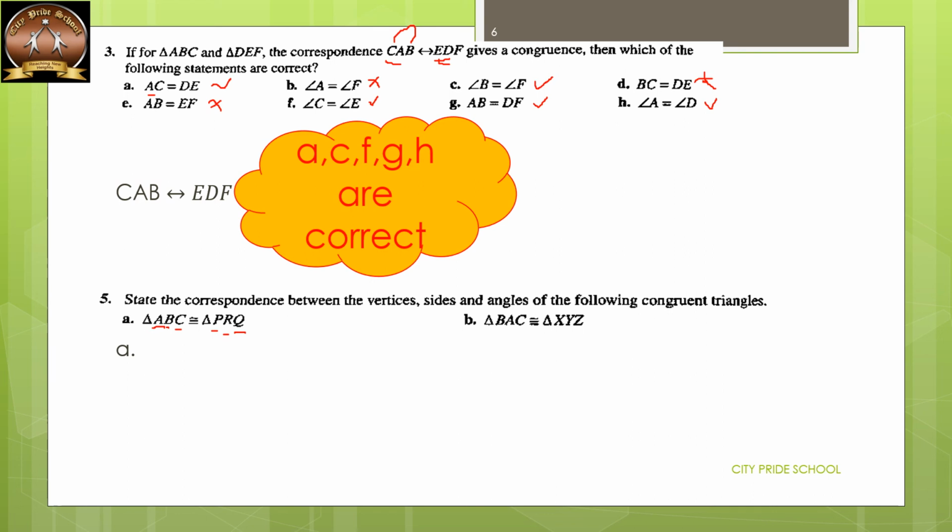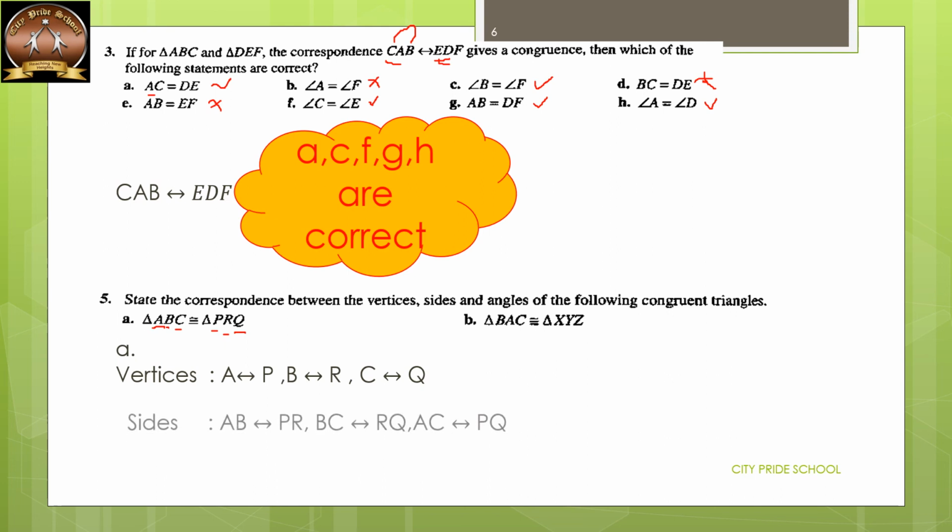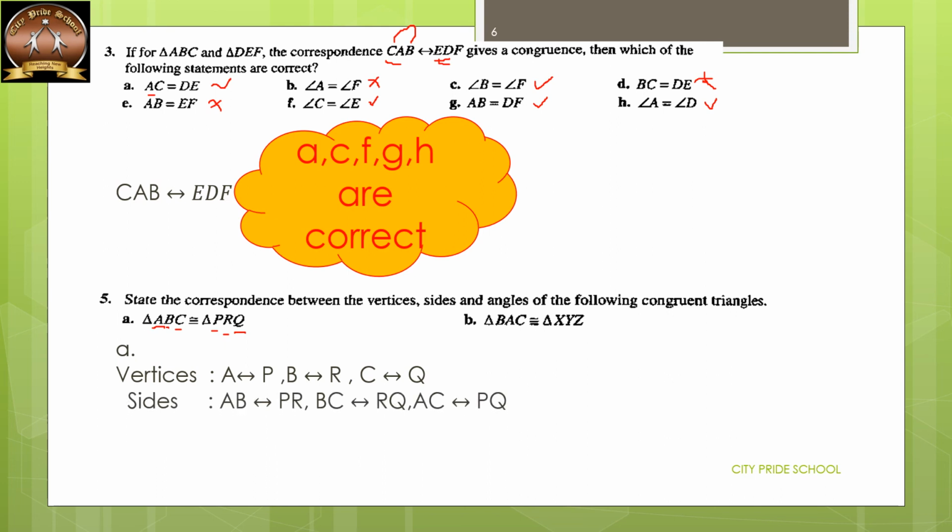So how will we write the answer? Let us see. So first we'll write the vertices. So since angle A is equal to P, this will be the vertices. So I will write that A corresponds to P, B corresponds to R and C corresponds to Q. Now let me write the sides. AB corresponds to PR, BC corresponds to RQ and AC corresponds to PQ.